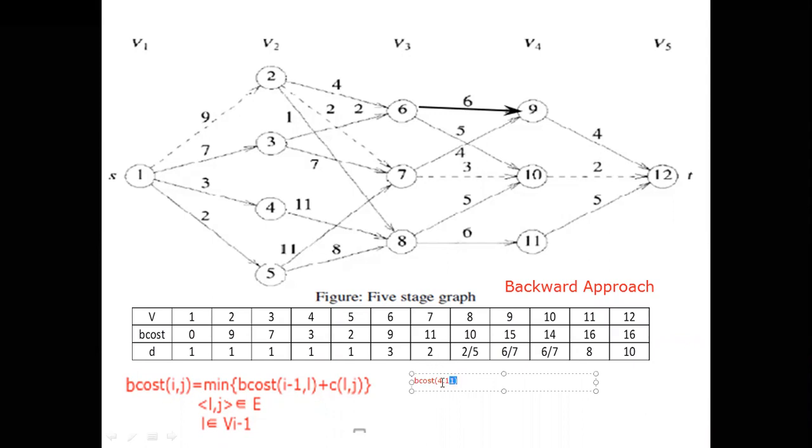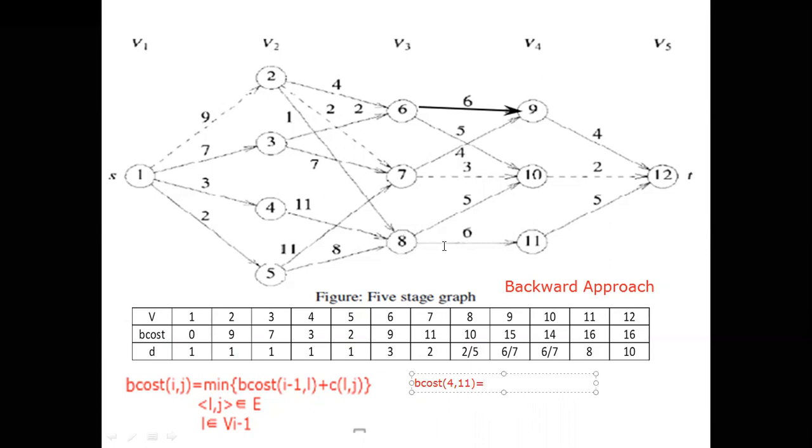I will increase the font size. B cost of 4, 11 equals... how many edges are coming? Only one edge, that is coming from 8.